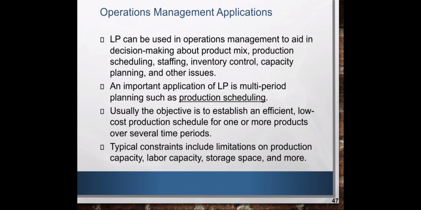The manager must determine the production levels that will allow the company to meet product demand requirements. Typical constraints include limitations on production capacity, labor capacity, storage space, and more, while minimizing total production costs. One advantage of using linear programming for production scheduling problems is that they recur.